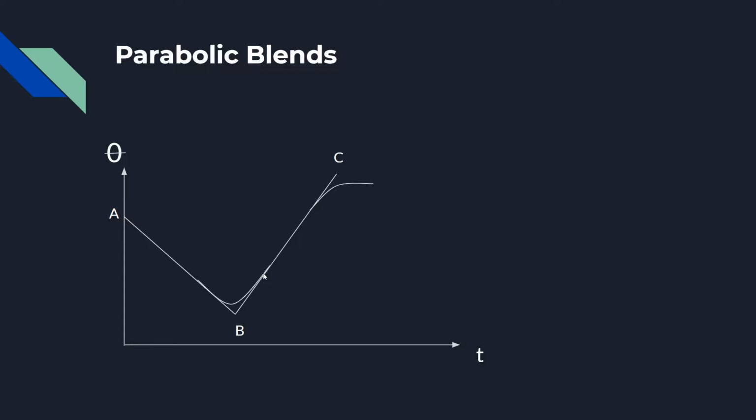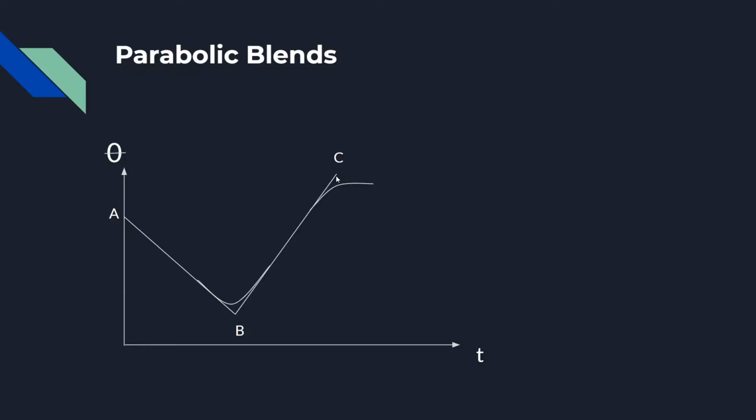We'd follow a straight path, but just as we approach the point, we'd follow a parabolic curve, because parabolas are just a quadratic equation, which is much lesser than a cubic equation. So just by using a quadratic equation, we could get this turn, and then again follow a linear path till we reach the next point.